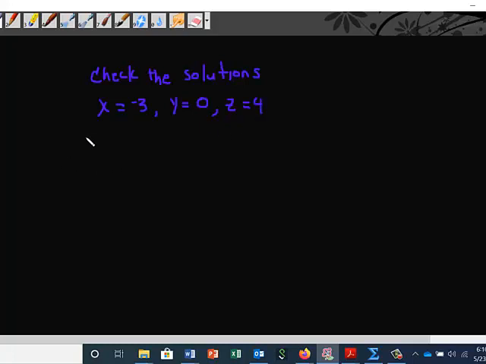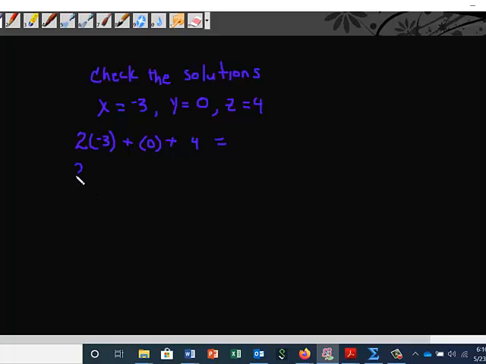So this was our original problem here. Well, let's just write down and plug these values in for x, y, and z. z is 4. We're going to see what that equals.